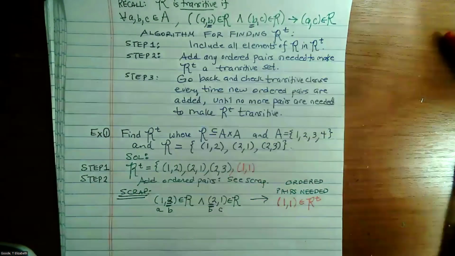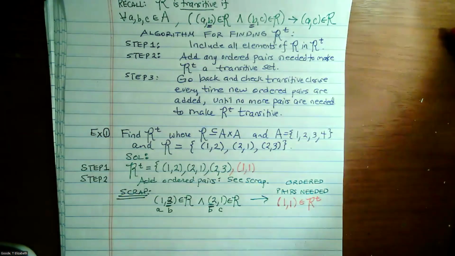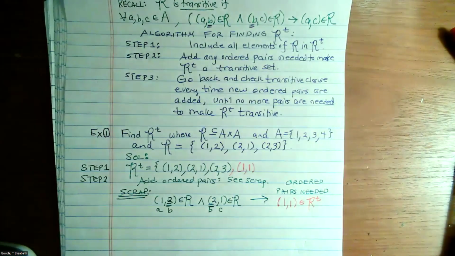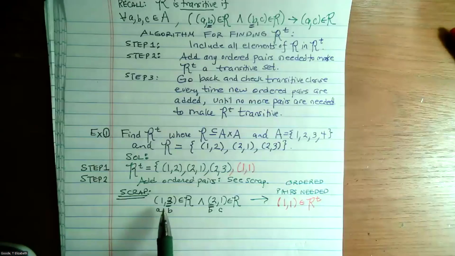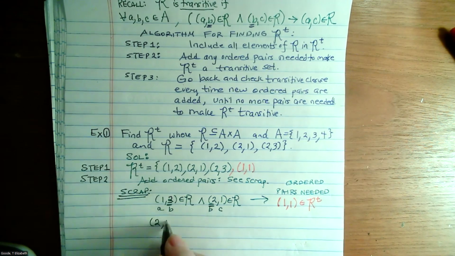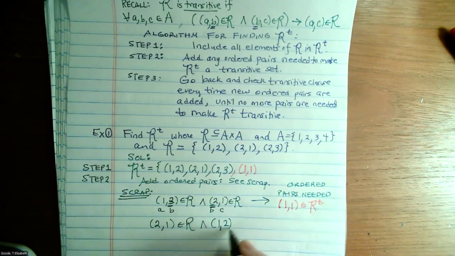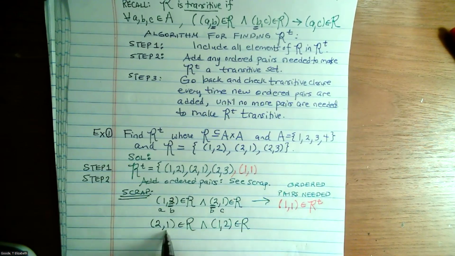Can you see it okay? Is my red dark enough? I can try a different red. All right, but check it out, folks. These 2 ordered pairs, (1,2) and (2,1), we could write them in a different order. We could say (2,1) and (1,2). If we write them in that order, then the B is the 1, and we cross over on that.